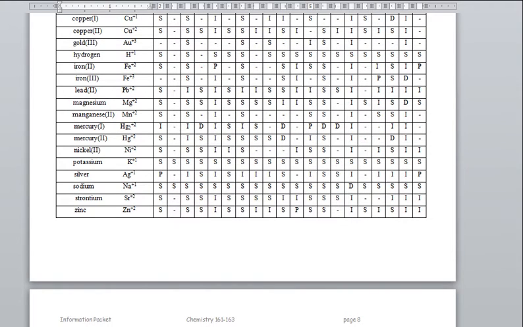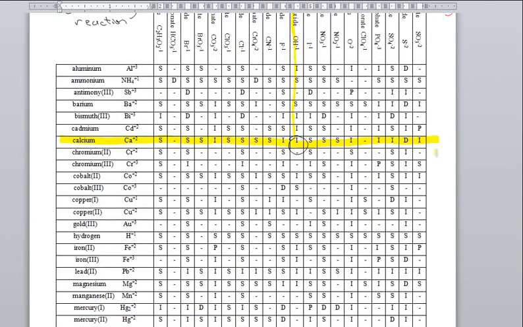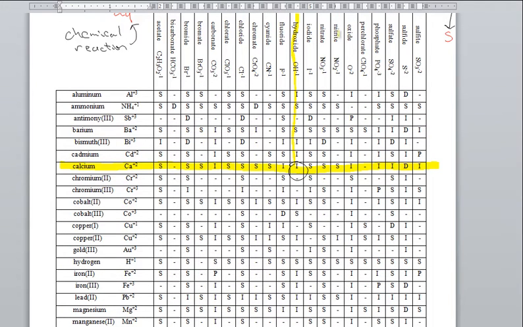If we look at potassium and nitrate, potassium's just like sodium, it's a group 1. S's all the way across. When potassium comes in contact with nitrate, there's no reaction. In fact, if you went down from nitrate, I don't see an I all the way down.